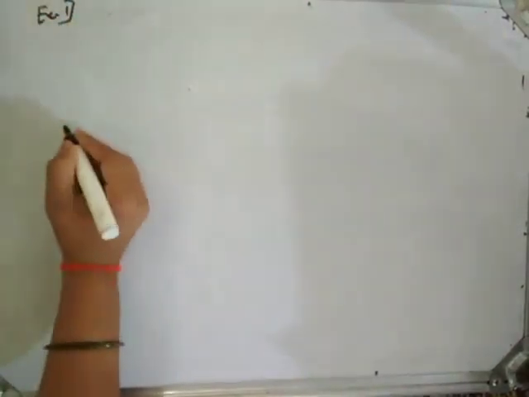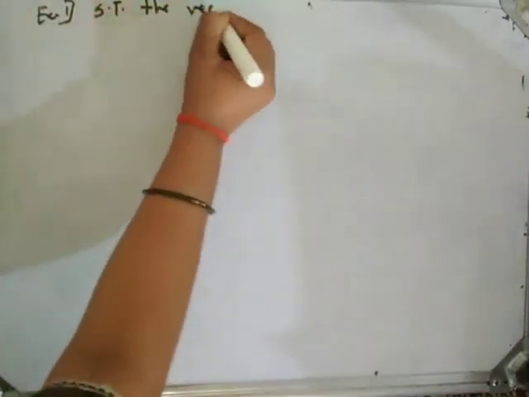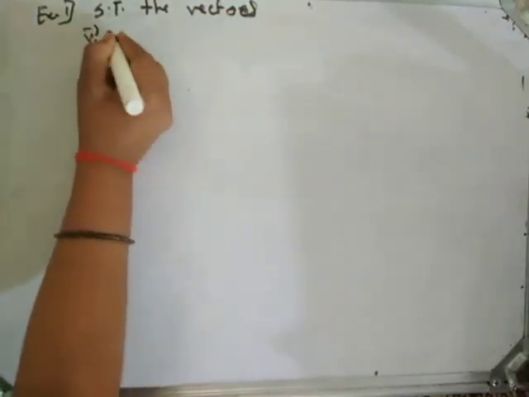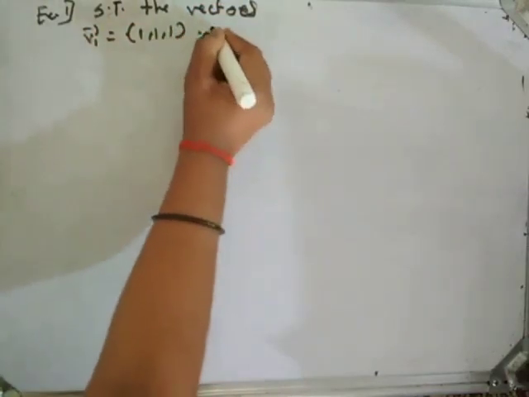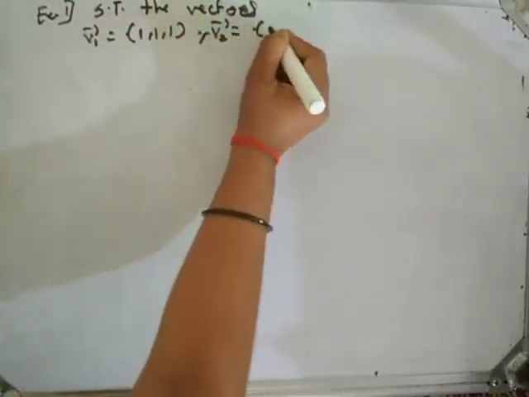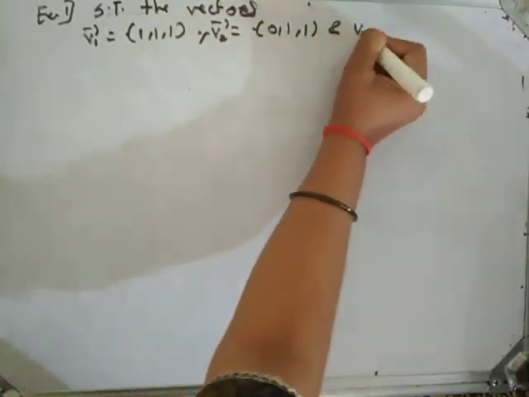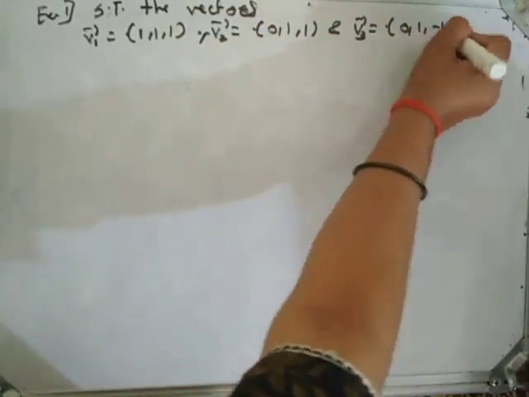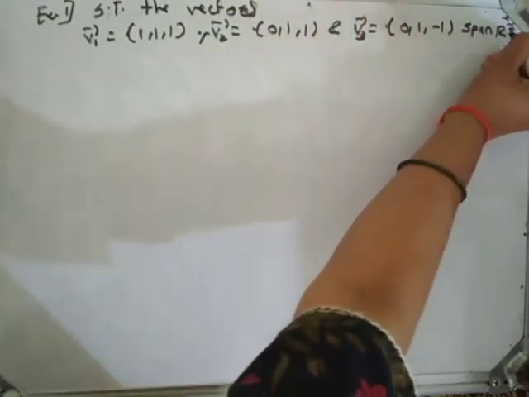Example 1. Show that the vectors V1 bar is equal to (1, 1, 1), V2 bar is equal to (0, 1, 1), and V3 bar is equal to (0, 1, -1) span R3.